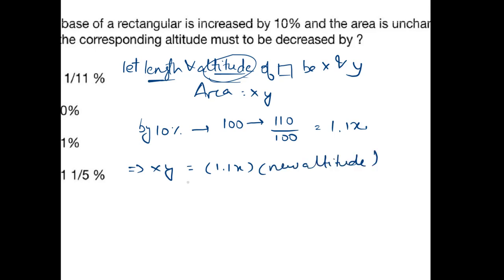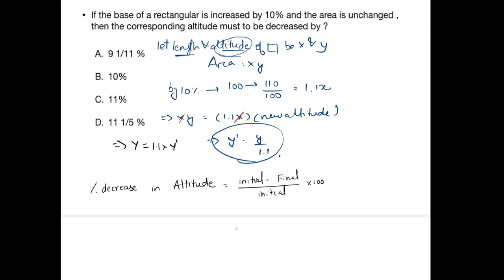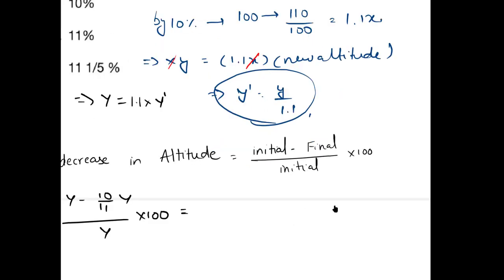So the new altitude will be y dash, and you can write y dash is equivalent to y by 1.1. The question they asked here is the decreased altitude. So the percentage of decrease in altitude is equal to initial minus final by initial into 100. Initial is y, final is y by 1.1.